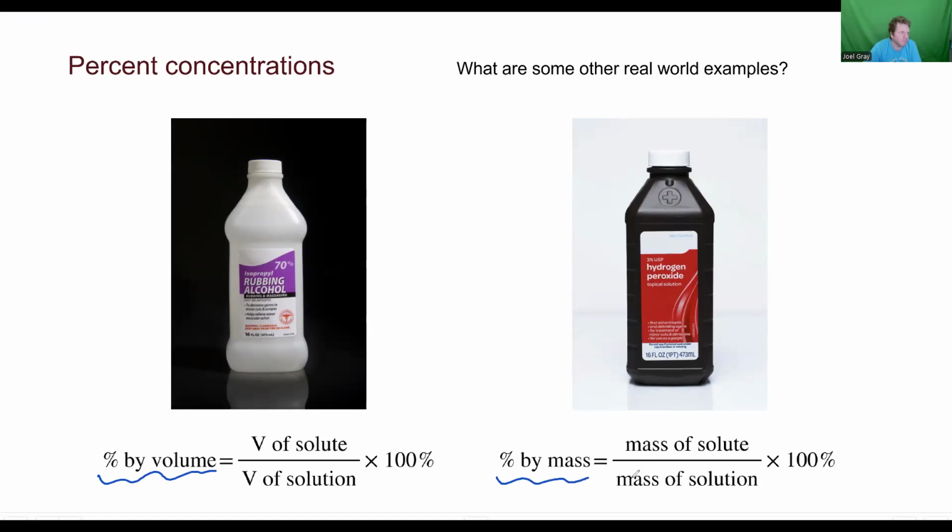Now, with percent by volume, what you've got is the volume of your solute and the volume of your solution. One good example of this would be rubbing alcohol, or another example would be beer.